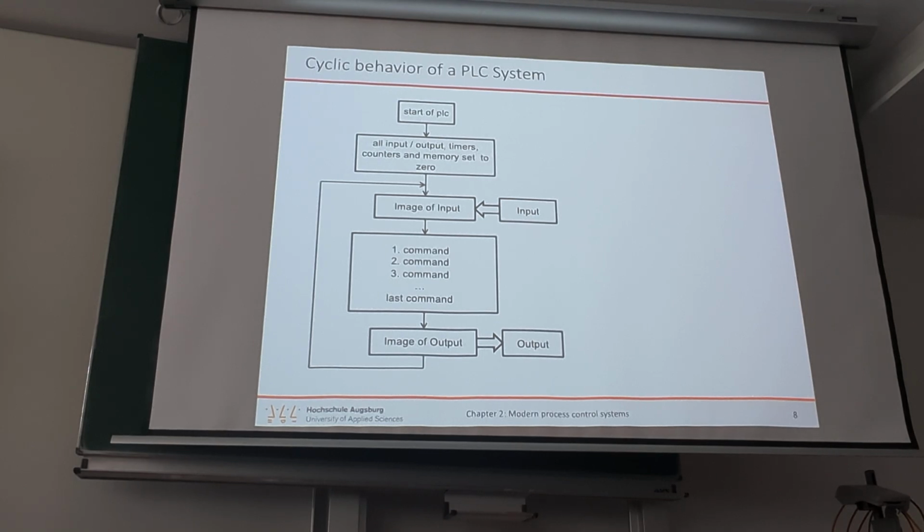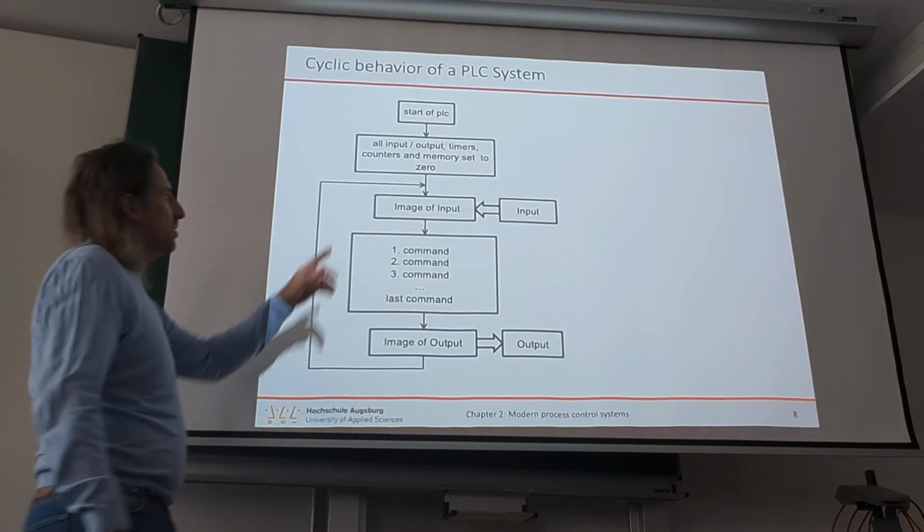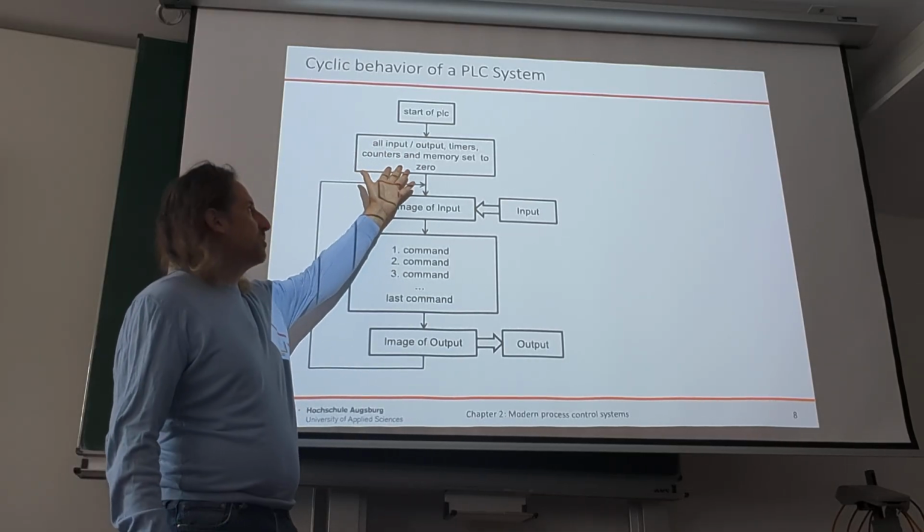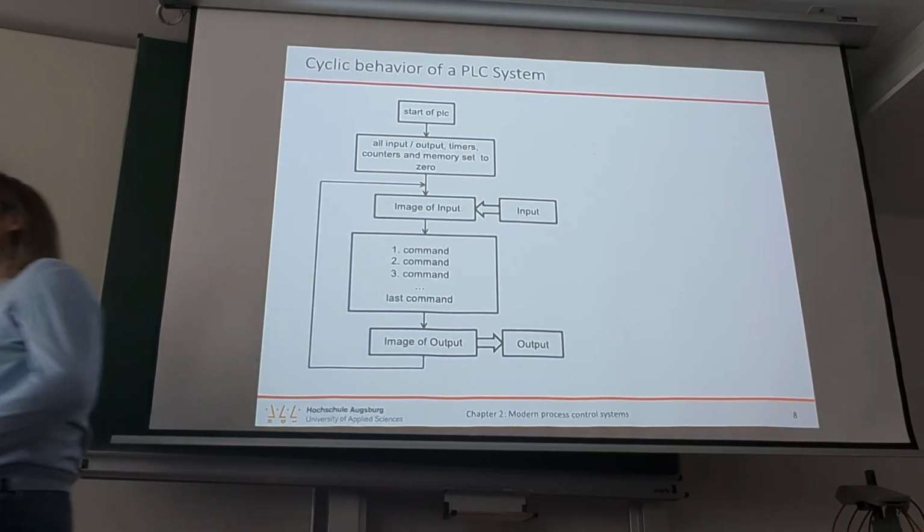Okay, then we have the behavior of an automation system. Let's look at the standard behavior, which is slightly different from what you would expect from, for example, an IT or microcontroller system. At the start of the PLC, all inputs, basically all resources in the system, are set to 0.